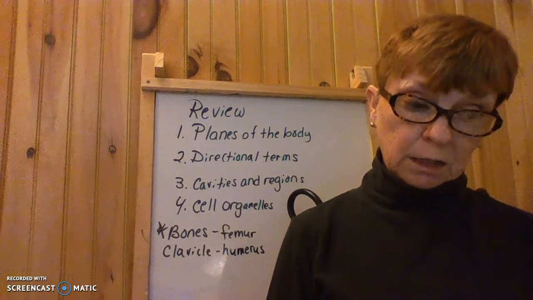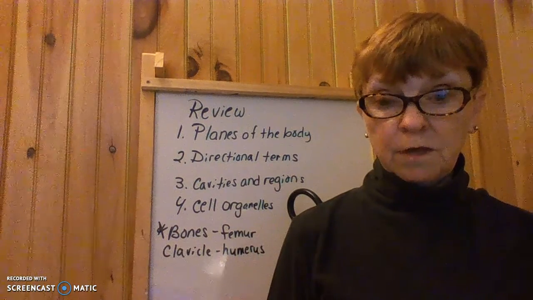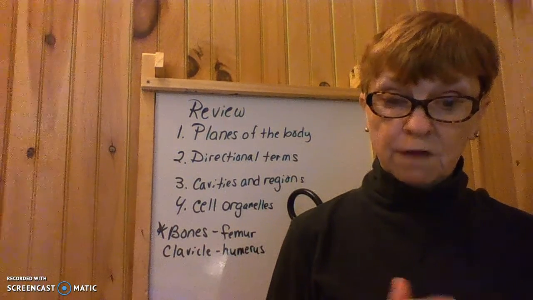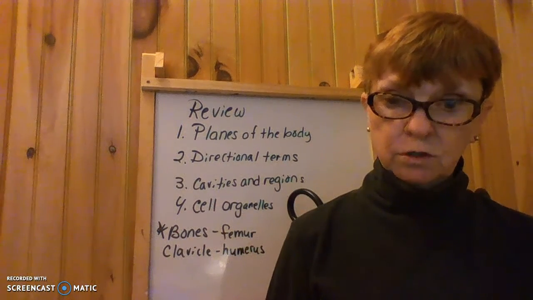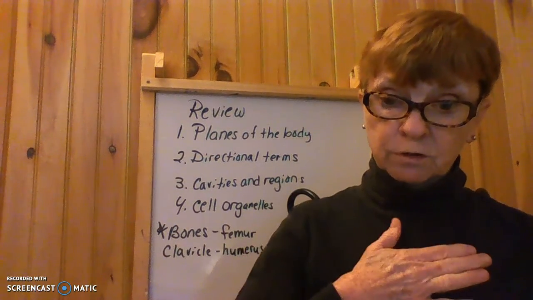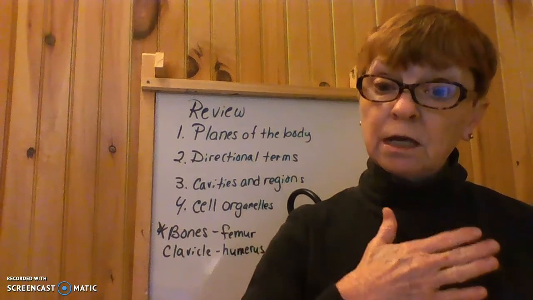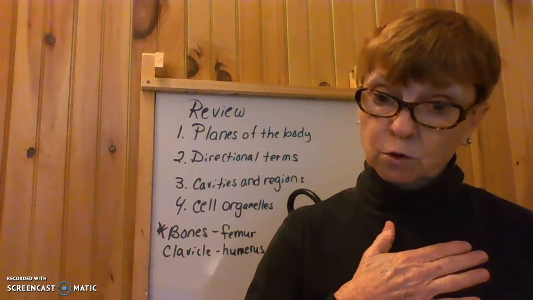Proximal, distal, medial, lateral, superior, inferior, and then the ones that are not used as often, ventral and dorsal. Ventral and dorsal are used more in animal science, but ventral is the front, dorsal is the back. In anatomy, we would use anterior and posterior more often.